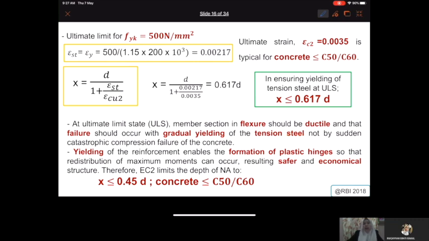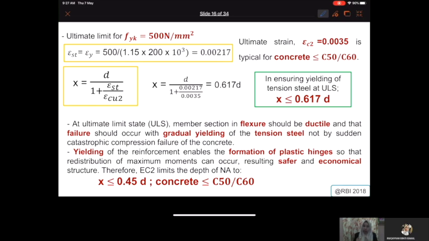What does it mean? It means that even though you are considering the ultimate strength of your steel, which is 500 MPa, by saying that the maximum strain will be 0.00217, somehow when the steel fails, it will not suddenly go up and fail. It will take time, the gradual yielding, because we know how steel behaves.